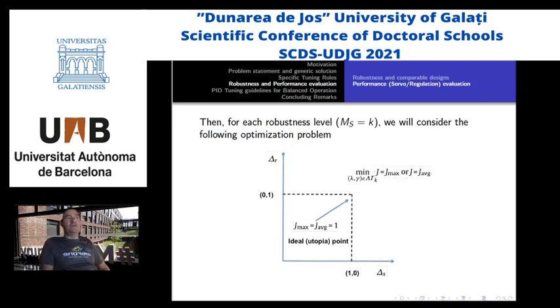Okay, and this level 1 will be the utopia point, because it will be the case where the ratio between the actual design and the optimal design is 1. So this means that you get the same performance as the optimal one for set point tracking and the optimal one for regulation. Okay, but you cannot get both at the same time. So this is why it's the utopia one. But the idea is to get as close as possible to this one.